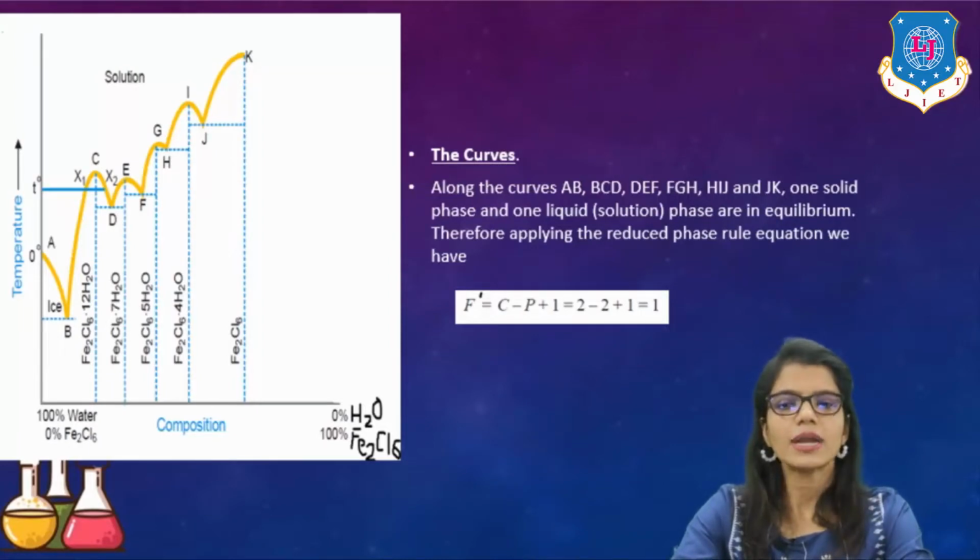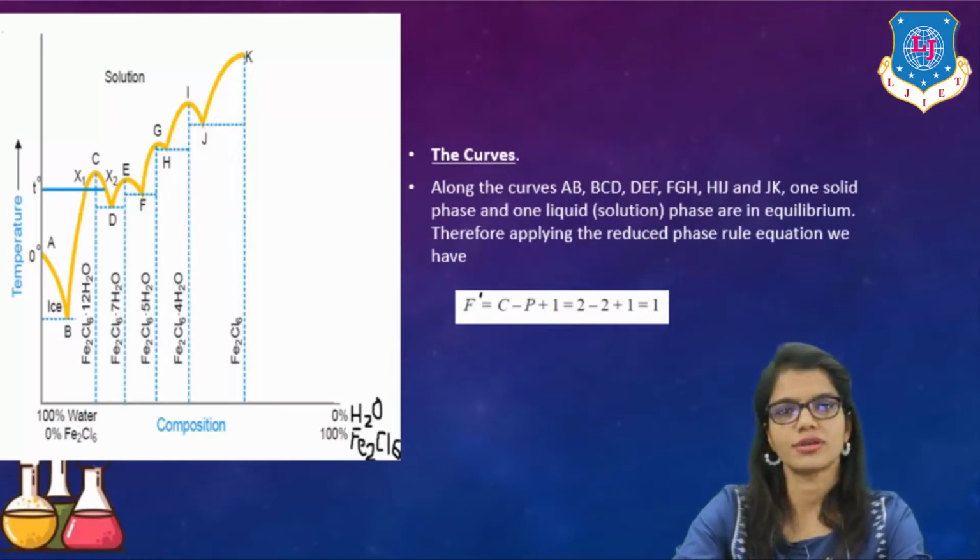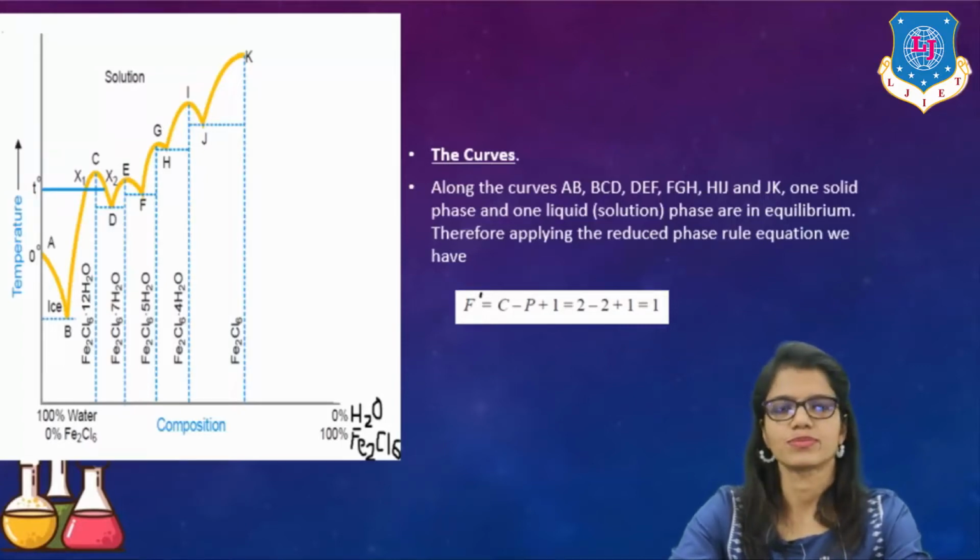At point K, Fe2Cl6 totally gets converted into solution, and after that 0% H2O will be there and 100% Fe2Cl6 solution will be formed. In this manner we have a 2-component, 7-phase system, right?